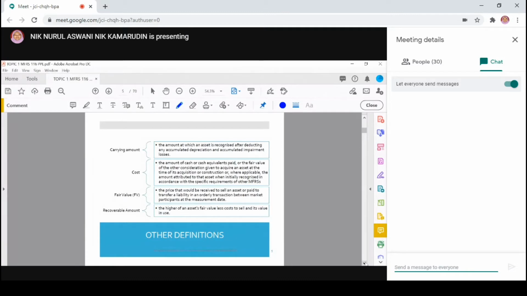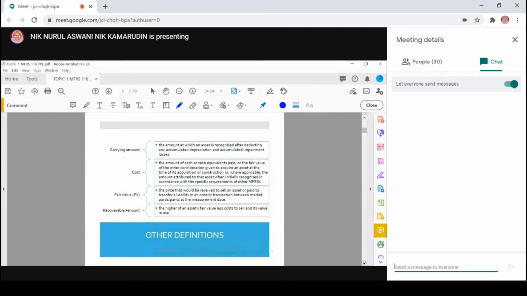Okay, other definitions. These are the other terms that you may find most of the time in this standard MFRS 116, which are the carrying amount, the cost, fair value, and recoverable amount.